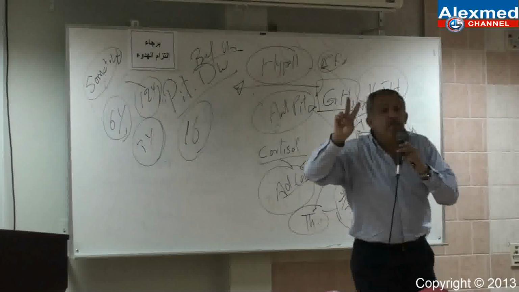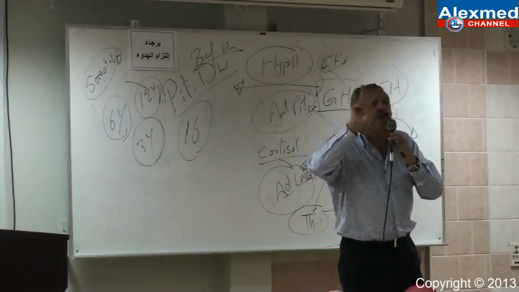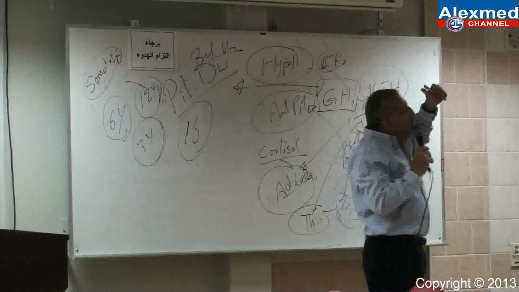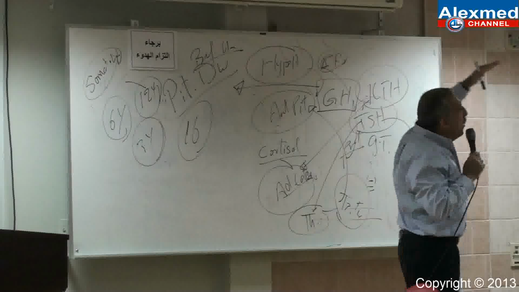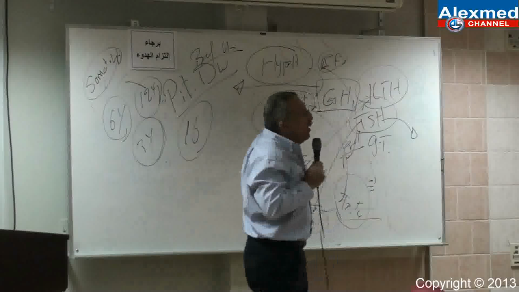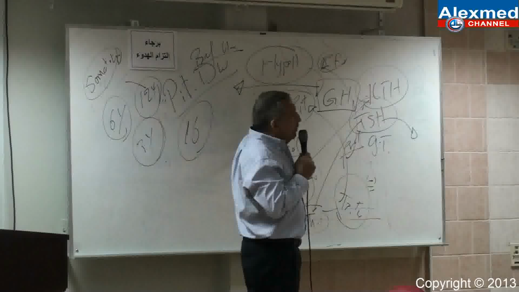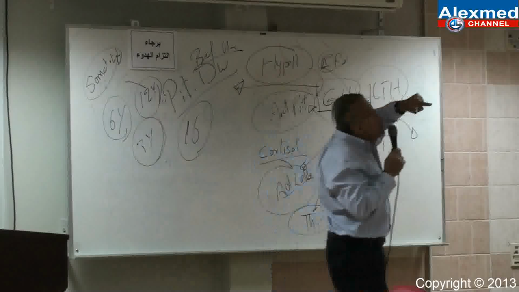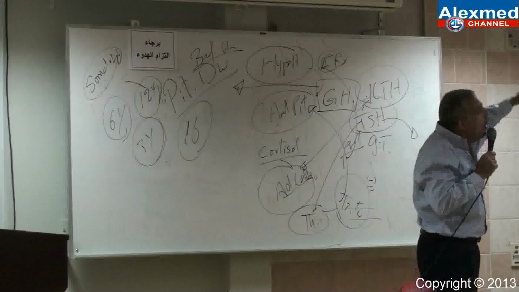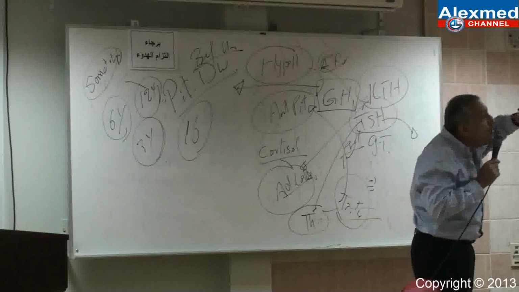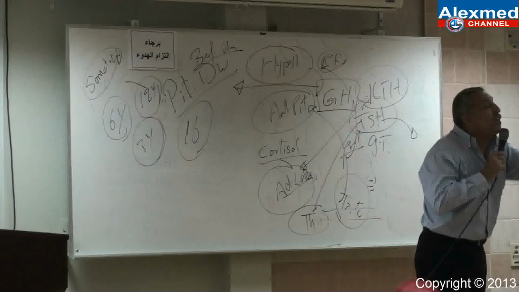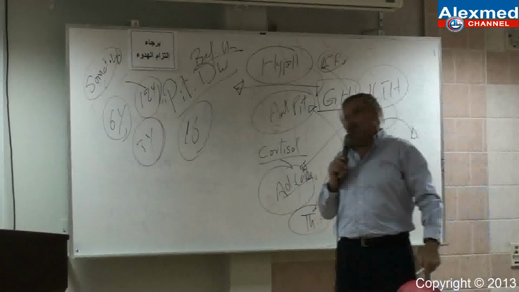So, from the name, we will know two things. First, it's very important for the release of the hormones, like cortisol. Second, it is not needed only for the release of hormone, but for the integrity of the gland.